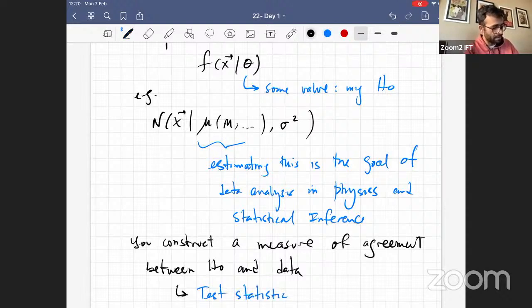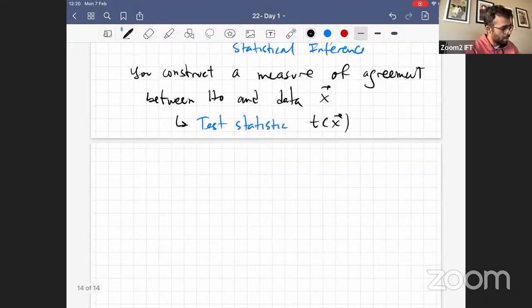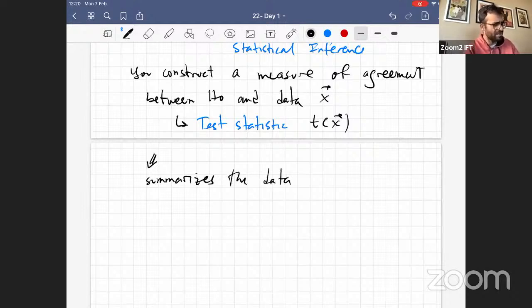This test statistic is a function of data, and it somehow summarizes the data. It is typically a scalar, but it doesn't have to be. So just one number, a function of all the data. That allows you to say, depending on the value of this test statistic, I reject or I accept my null hypothesis.